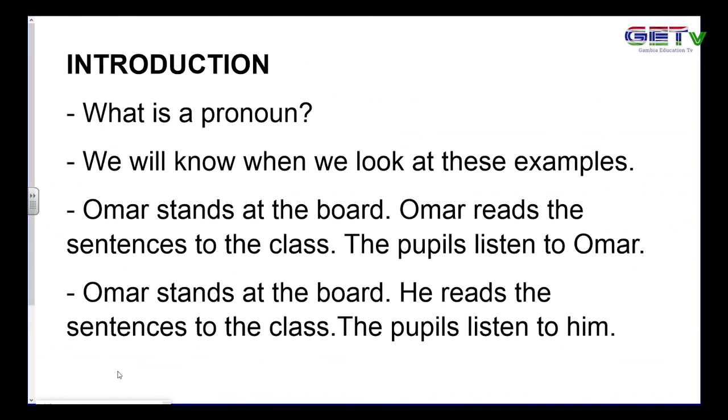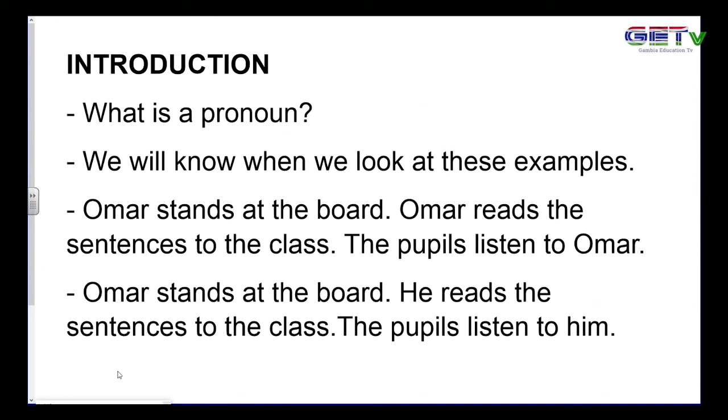Omar stands at the board. Omar reads the sentences to the class. The pupils listen to Omar. I read again. Omar stands at the board.